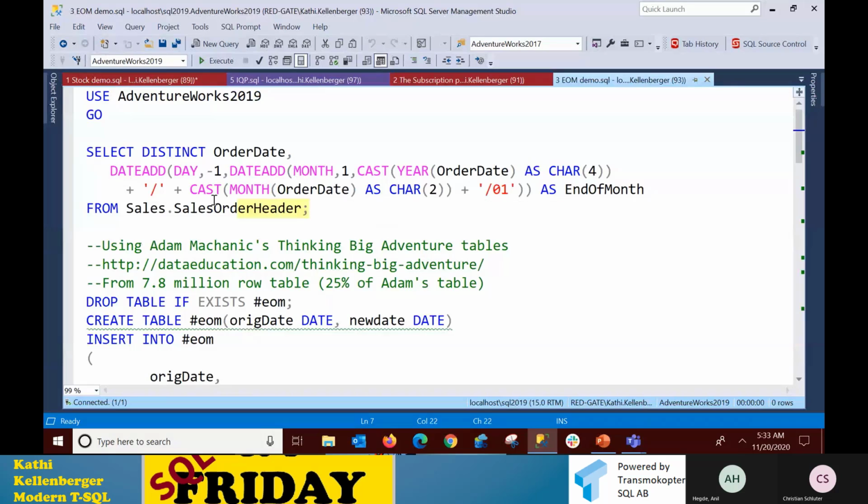So I wondered if maybe using that EOMONTH function did not perform as well as just tearing the date apart and putting it together.